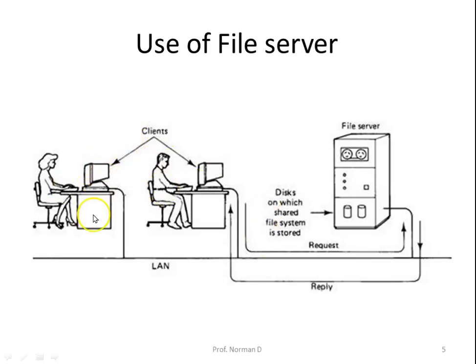In this case, the clients are the non-server machines. Each incoming request from a client is examined and executed, and then the reply is sent back to the client. This is how a file server works. This is just an overview of a file server.